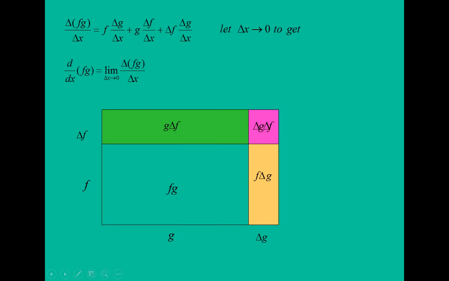So let's take the limit as delta x goes to 0, and that would give us the derivative of f times g. And then if we do the same on the right side, and we know our properties of limits, we could take the limit of each one of these terms separately.